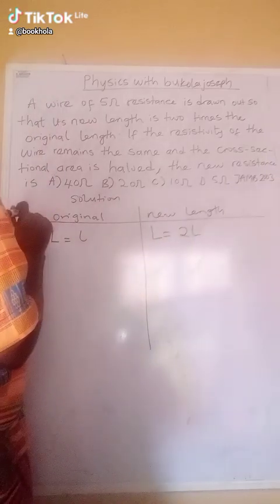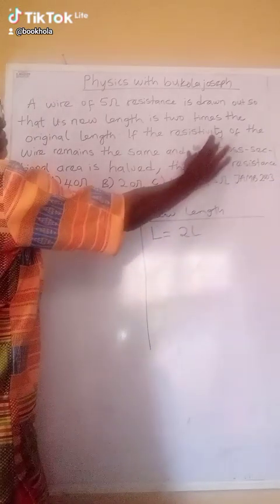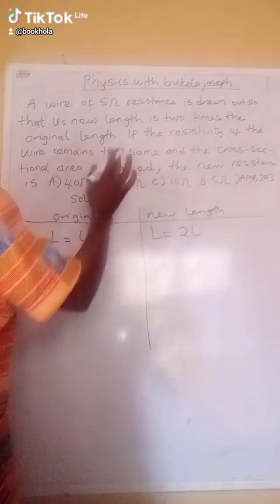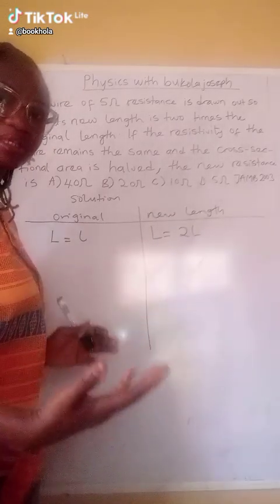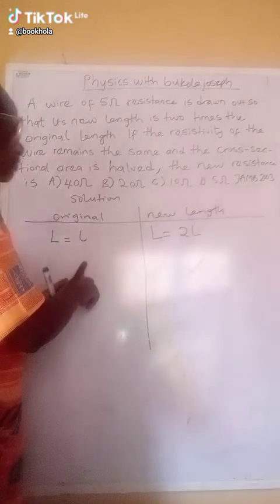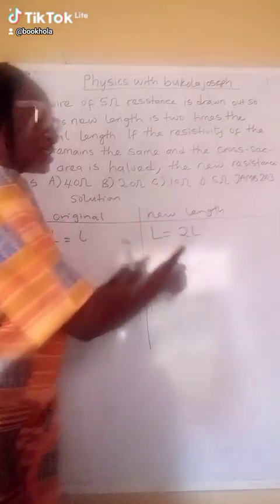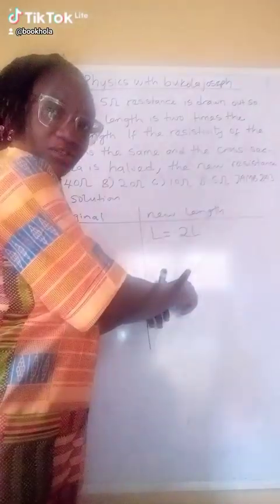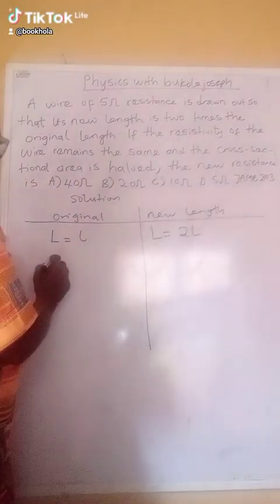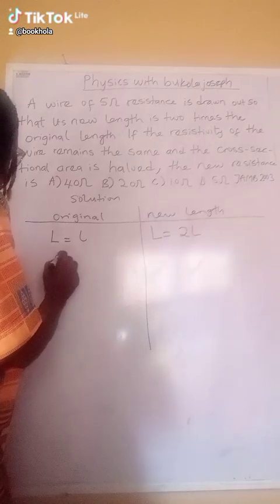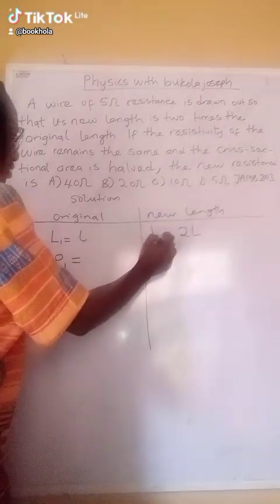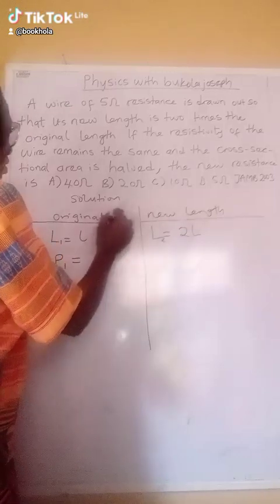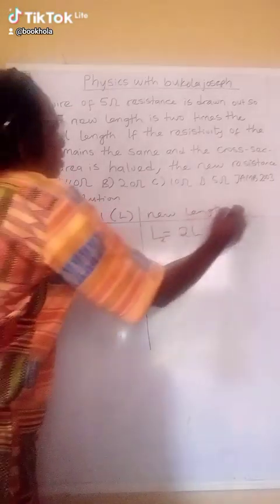Let's continue reading. If the resistivity of the wire remains the same, it means that the resistivity of the original is the same as that of the new one. So we have L1 for the original length and L2 for the new length.